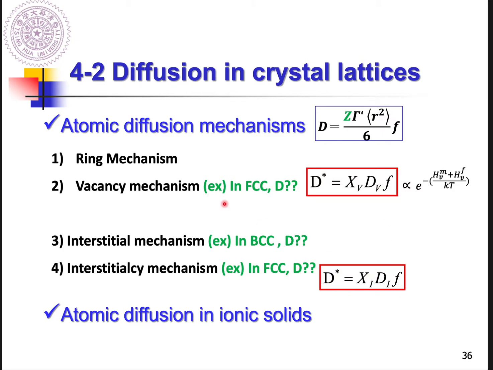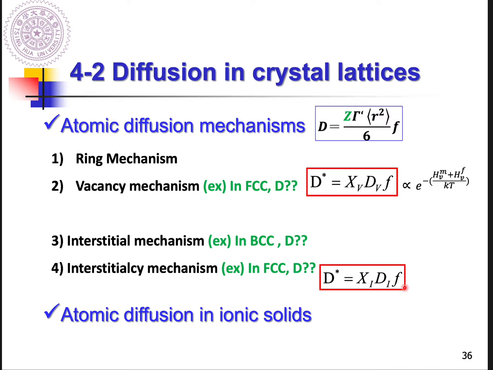It is similar to the vacancy mechanism, where there are many vacancies nearby the diffusing atom. This will help you remember the relationship between the diffusing atoms and the atomic fraction of vacancies or interstitials.